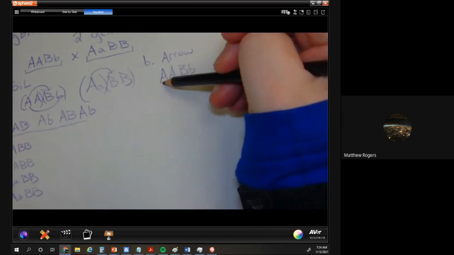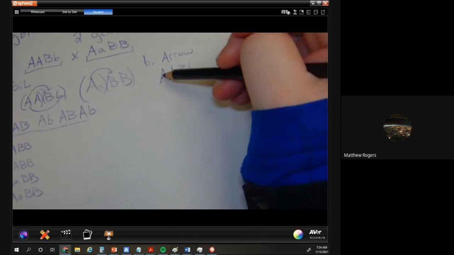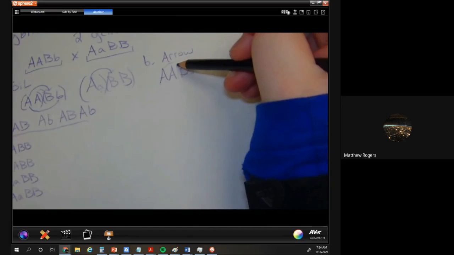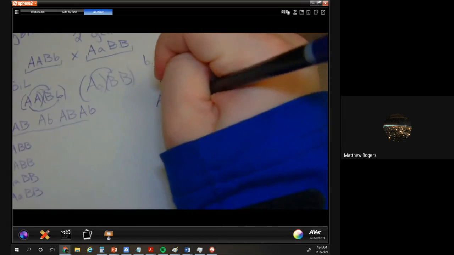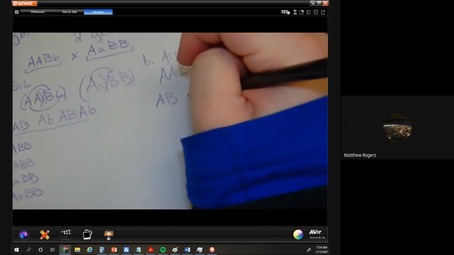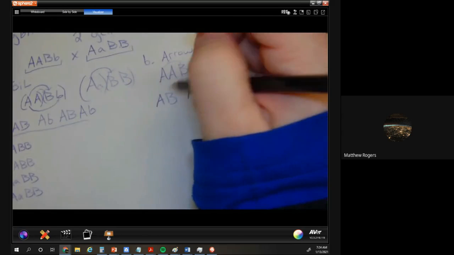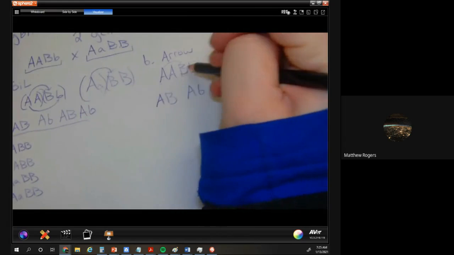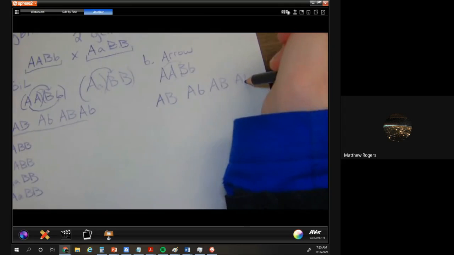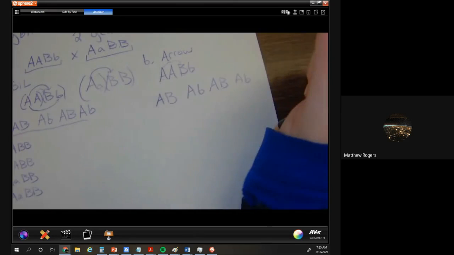It's kind of like if you think of these as like shirts and these as pants, how many different combinations of outfits can I make? Well, I can make this big A with this big B. And I can make this big A with this little b. And I can do this big A with this big B. And I can do this big A with this little b. Okay. And I do the same on the other side.